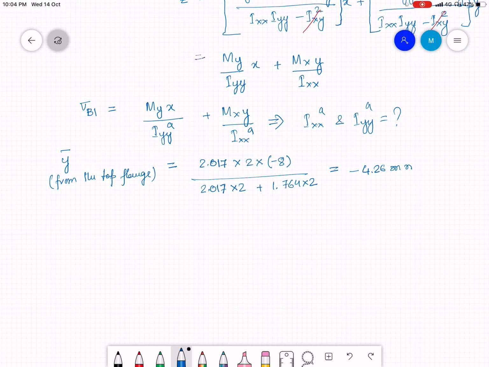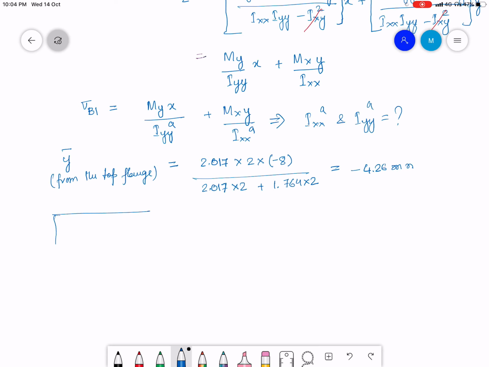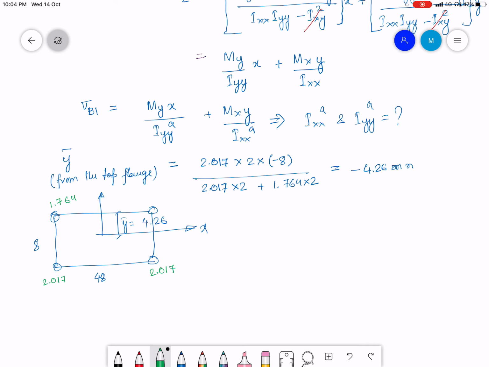Let me quickly draw this, which will help. This is 48, this is 8, x and y. This is y bar, which is 4.26, and I have booms of 1.764, 2.017, 2.017, and 1.764.